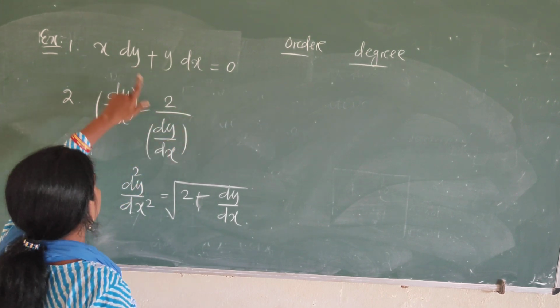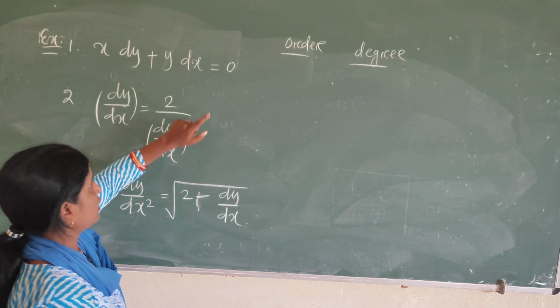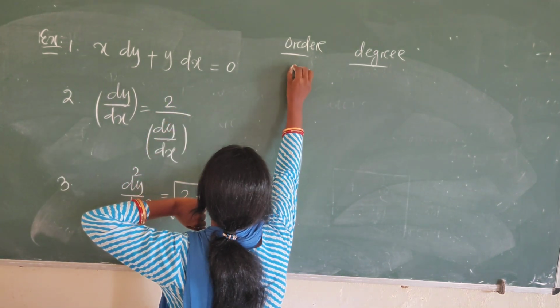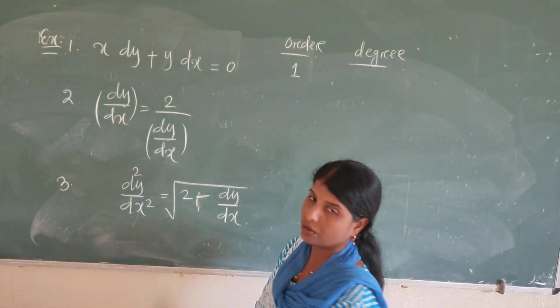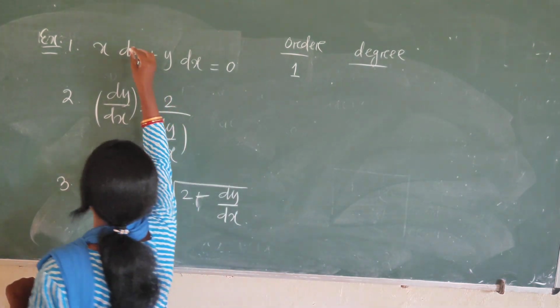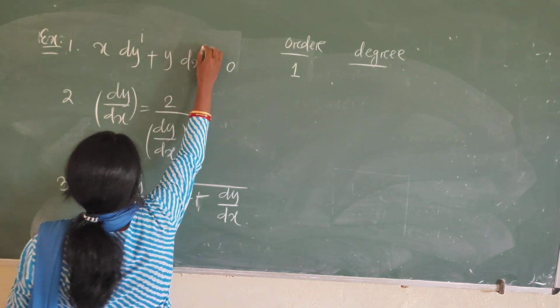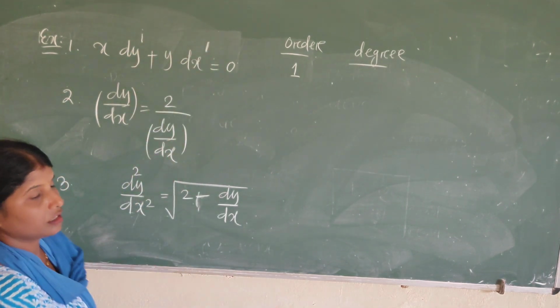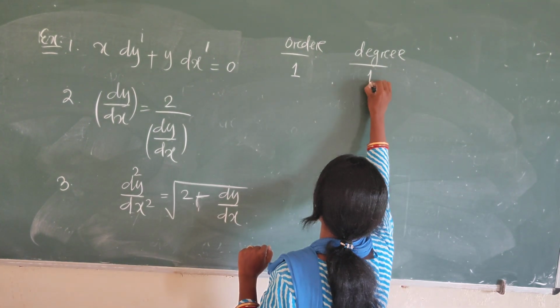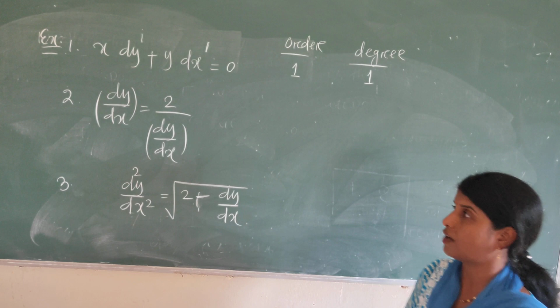What is its order? Dy means first derivative, dx means first derivative. So highest derivative is 1, order is also 1. And what is its degree? Dy means its power is 1, dx also its power is 1. So we have to take highest power. Both are same, so our degree is 1.